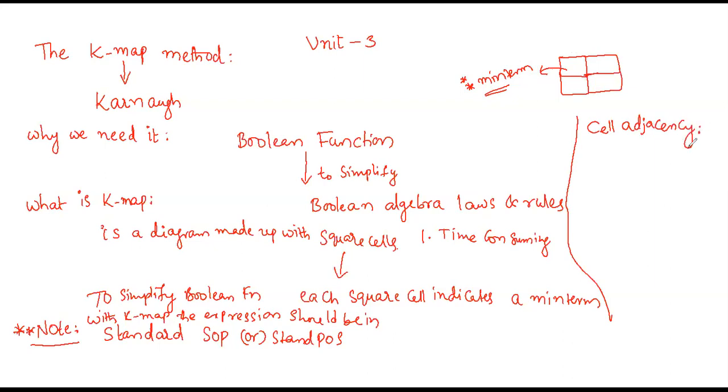It is a very important term. In today's class we do not start the second topic, we discuss only cell adjacency. What is meant by cell adjacency and how to use it, we will see. This is the K-map introduction.